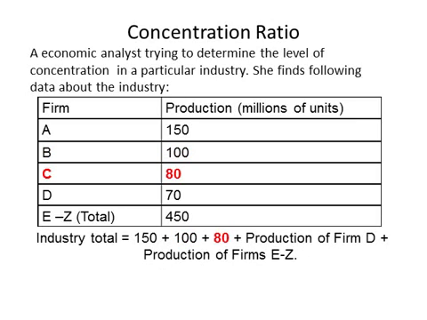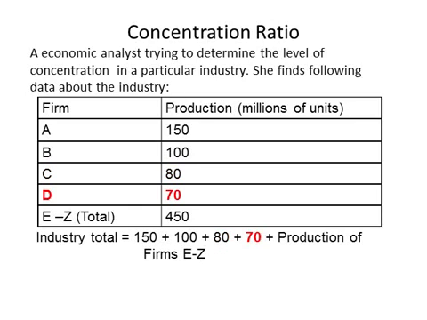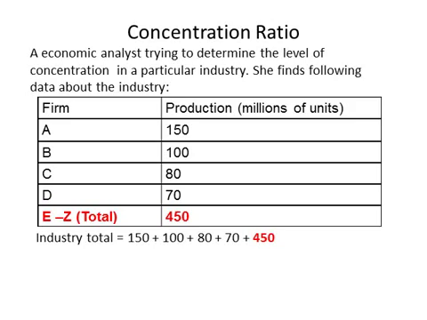Firm C produces 80 million units, and so 80 million will be substituted in for firm C. Firm D produces 70 million units, and so we will substitute in 70 million for firm D's production. The remaining firms, E through Z, in total produce 450 million units, and so for their production we will substitute in 450.